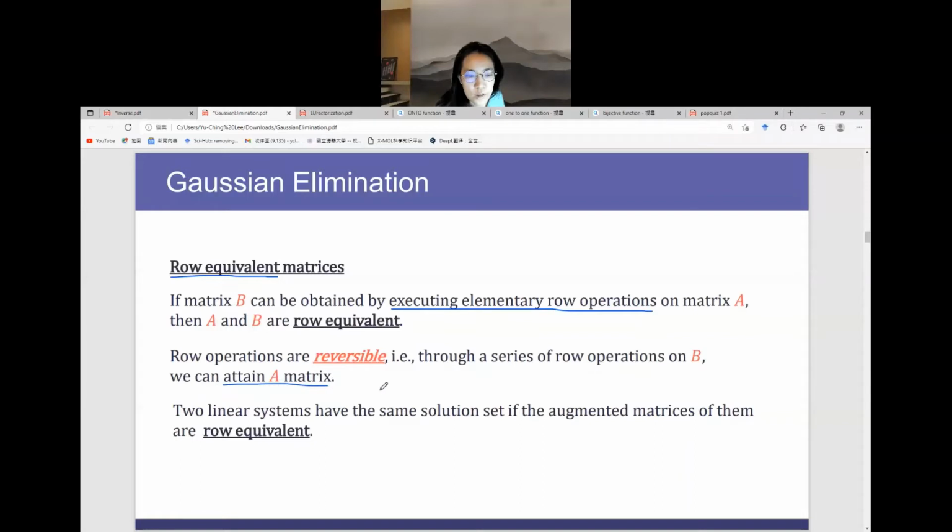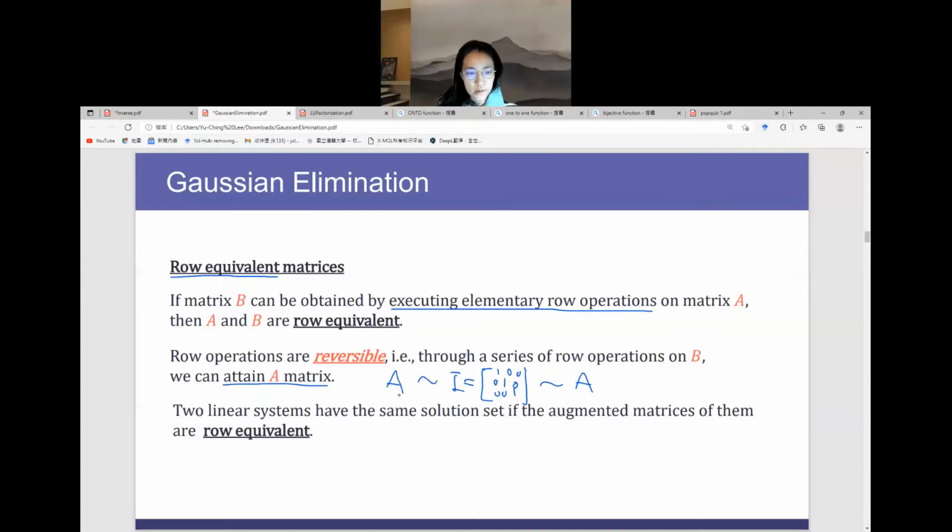Even starting from the identity matrix, which is a very special one that has most of the components being 0 and only the diagonal elements being 1s, we are still able to use row operations like scaling and then replacement to obtain the A matrix. So the A matrix and the I matrix can be row equivalent.